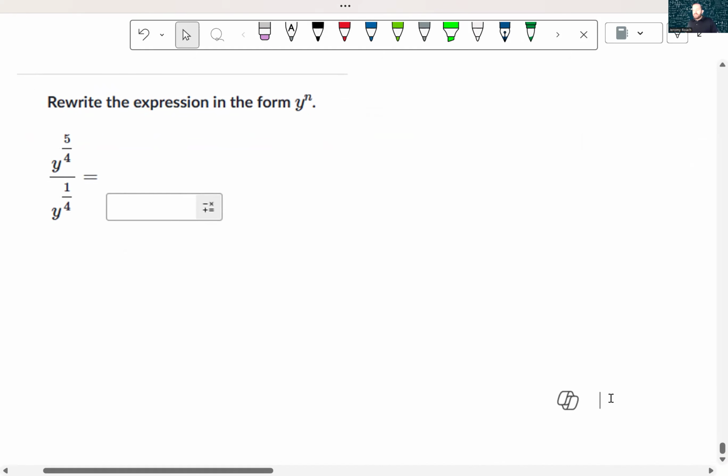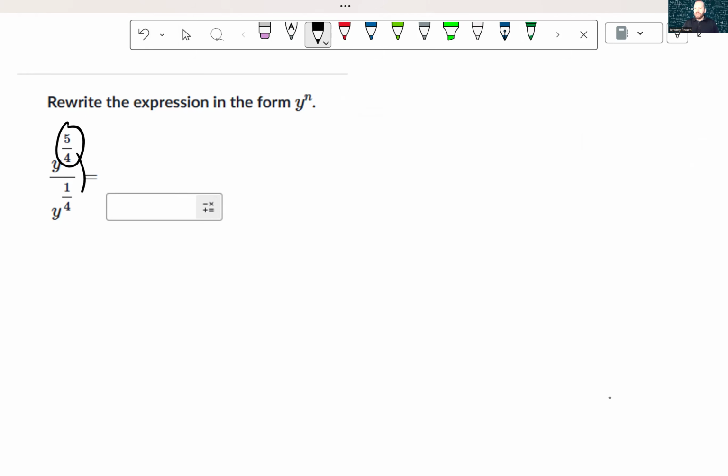So we can move these exponents. Sometimes we learn it as doing that with subtraction, but I found it a lot easier to think about it in terms of if we move an exponent on one side of the fraction line, we change its sign.